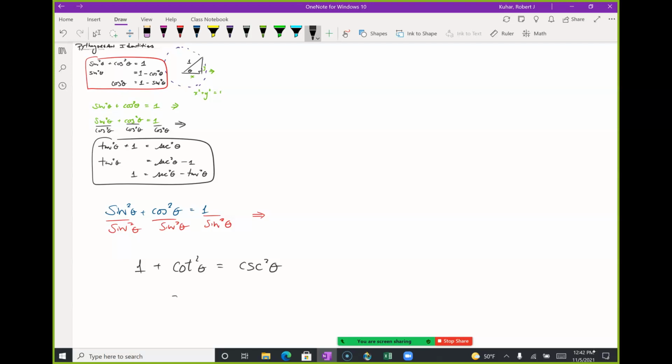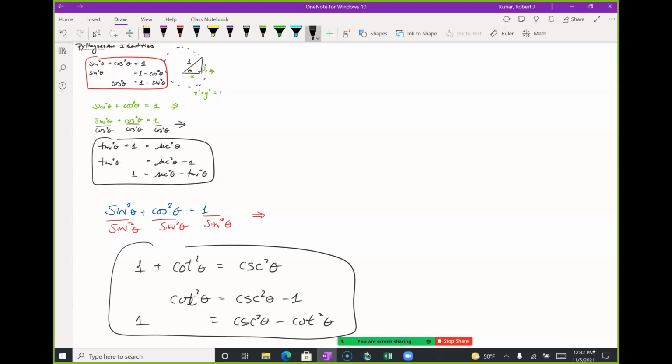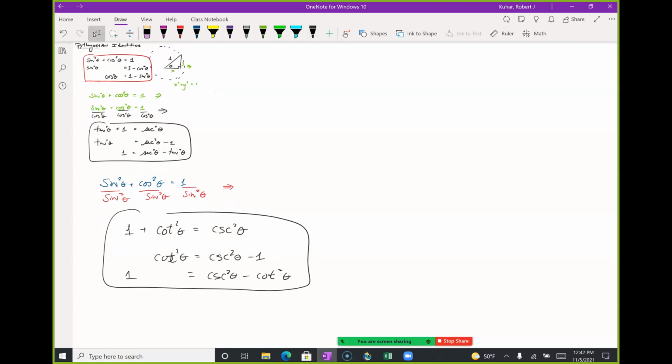So I get cotangent squared theta is cosecant squared theta minus 1, or I get 1 equals cosecant squared theta minus cotangent squared theta. And there it is. There's my 9 trig Pythagorean identities. Only had to memorize 1, and I derived the rest, right? I started somewhere and got something, almost like I'm deriving.